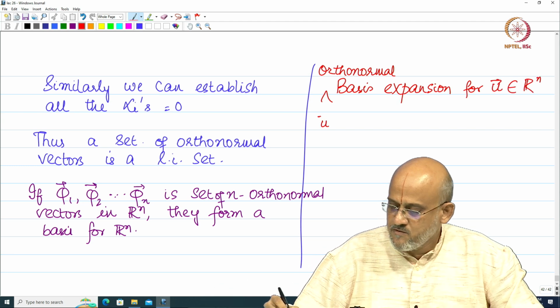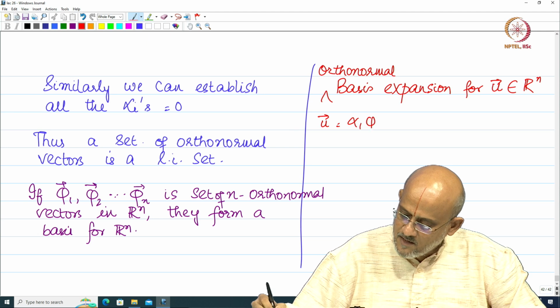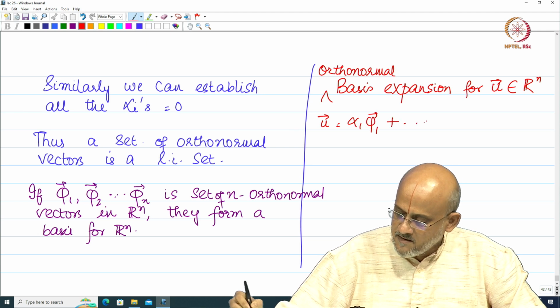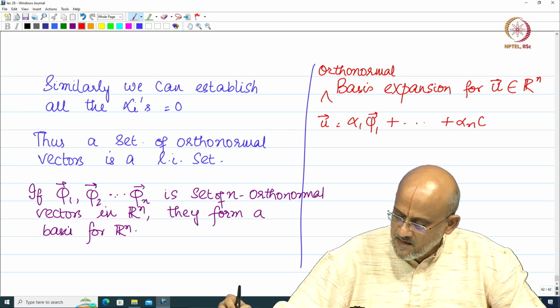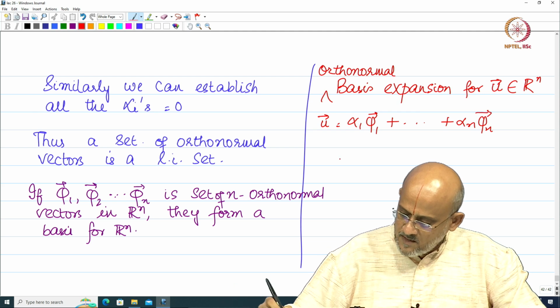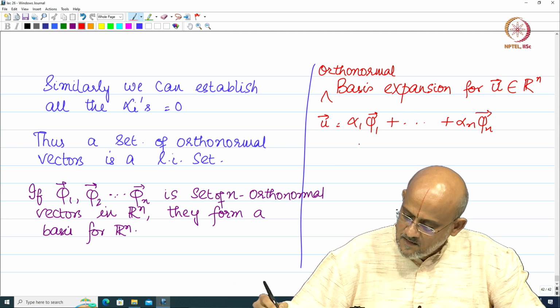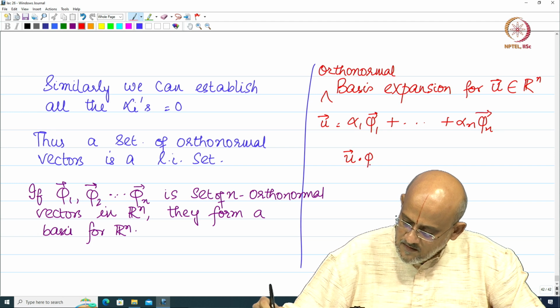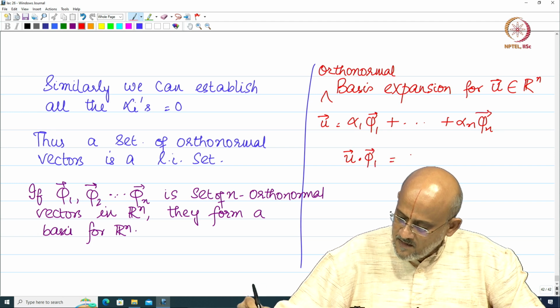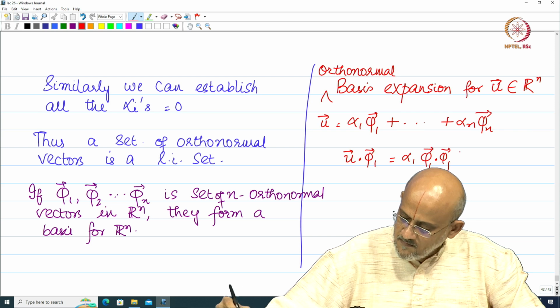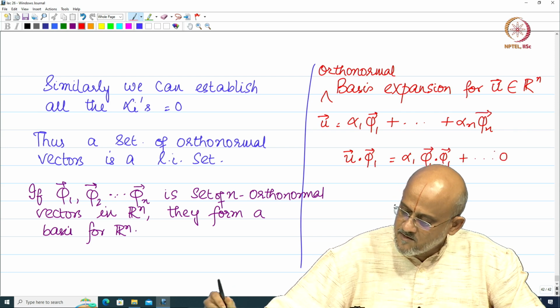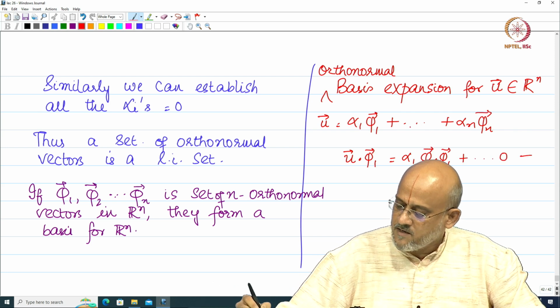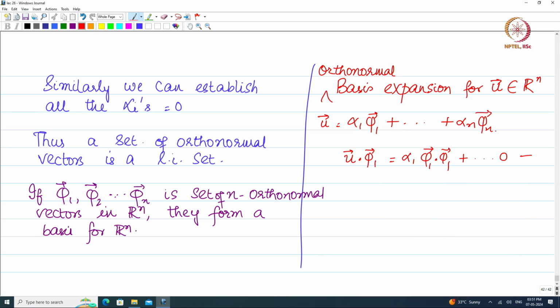We have u is equal to alpha 1 phi 1 plus etcetera plus alpha n phi n. To get the coefficient alpha 1, I take u dot phi 1, which gives alpha 1 phi 1 dot phi 1 plus the rest of the terms, which are all 0. Why? Because phi 2 dot phi 1 is 0, phi 3 dot phi 1 is 0, phi n dot phi 1 is 0.